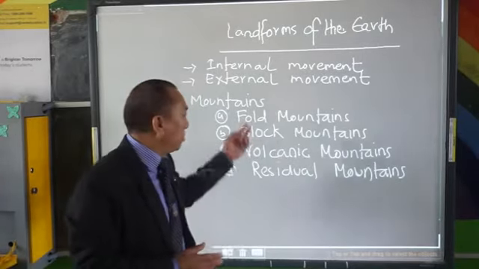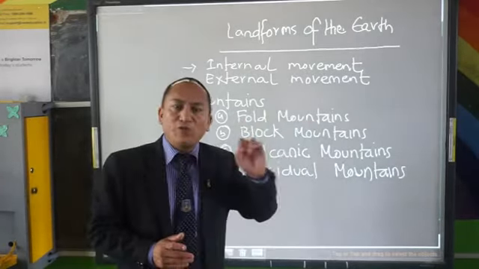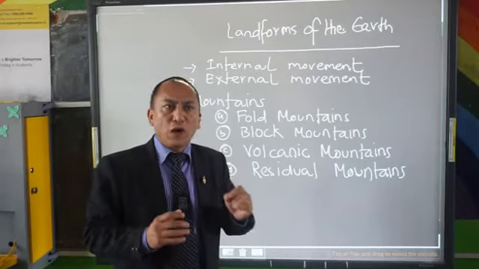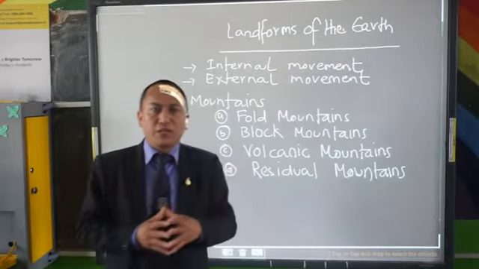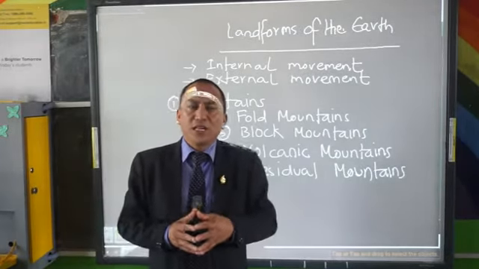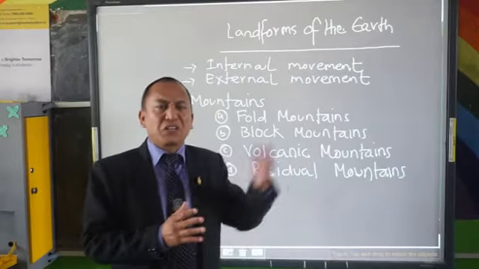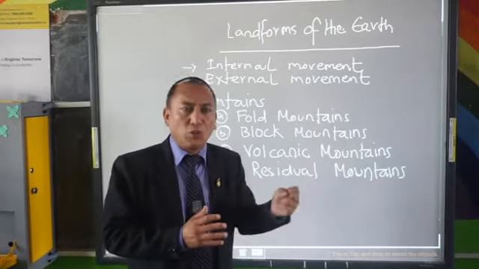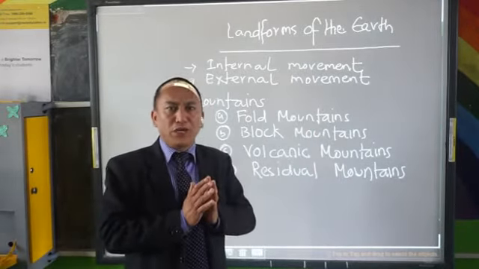Now there are different types of fold mountain. One is a young fold mountain and the other is an old fold mountain. A young fold mountain is a mountain which has been formed recently. It was formed in the Alpine period, 330 to 50 million years ago. That is the recent mountain building period.